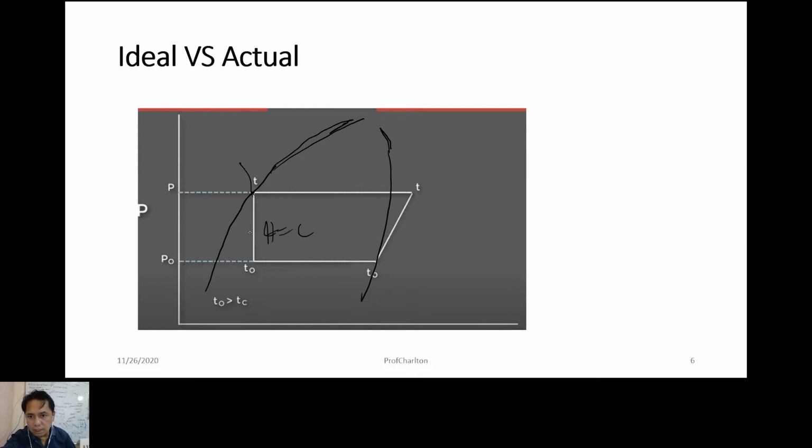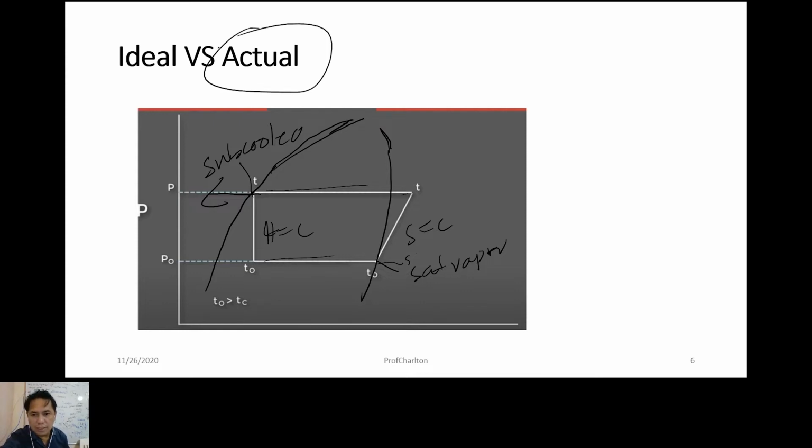This is constant enthalpy, constant pressure, then entropy is constant. This is the saturated vapor line, the ideal. So when you go beyond here, that is superheated. Then when you go beyond here, subcooled, then you are in the actual.